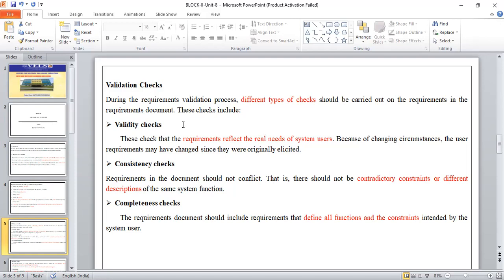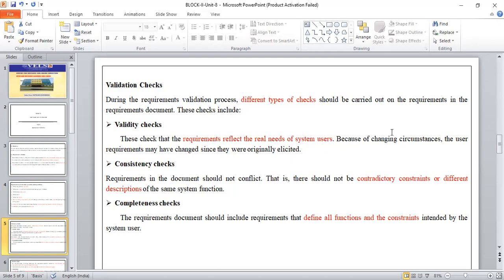The first one is the validity check. What is this validity check? This check is made to confirm that the requirements reflect the real needs of the system user. We are checking whether the requirements are really satisfying the real needs of the system users.